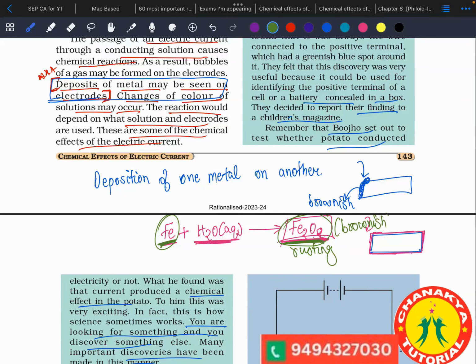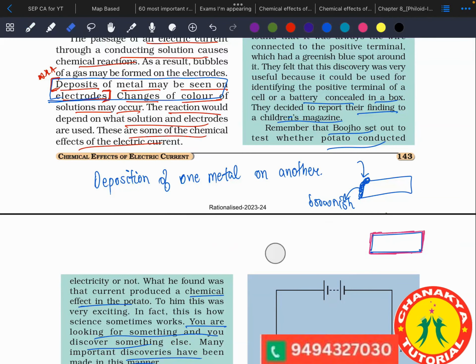So it is the property of iron that when it is reacted with moisture, it undergoes chemical change. When it undergoes a chemical change, it forms a new kind of substance which is brownish in color, and we say that the iron has been rusted. But now I have deposited an aluminium layer on the top of this iron.